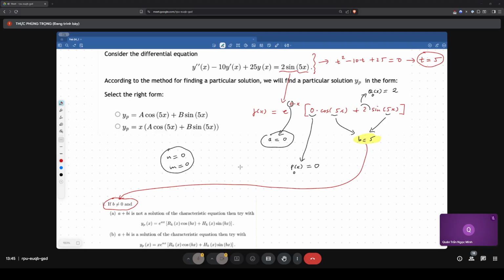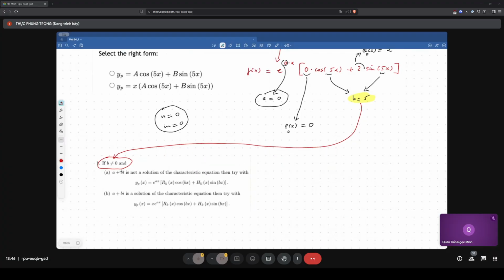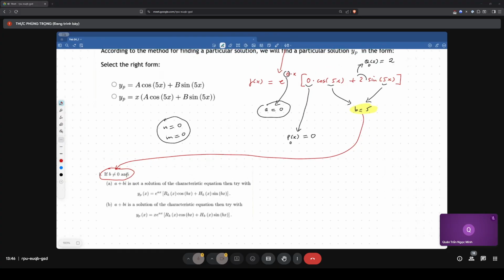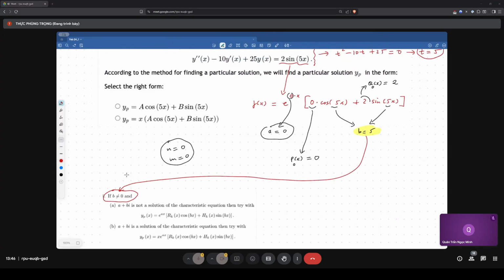Let's go back to the formula. Now I need to compare A plus BI with the solutions of the quadratic equation. What is A? A is 0, B is 5, do you see them?